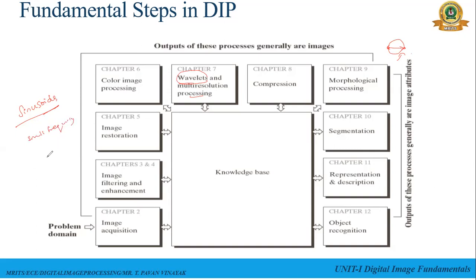The range is fixed, some small region. These are used to represent the degree of resolution. Then what is resolution? Resolution is nothing but the size of the image, the dimensions of the image. Simply, resolution means size of the image.